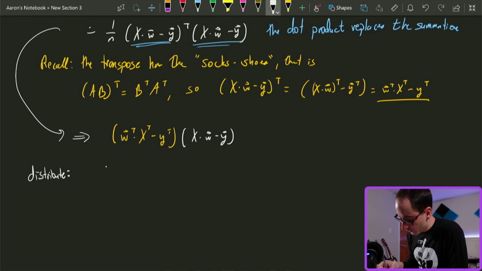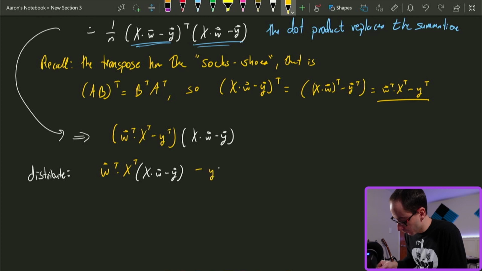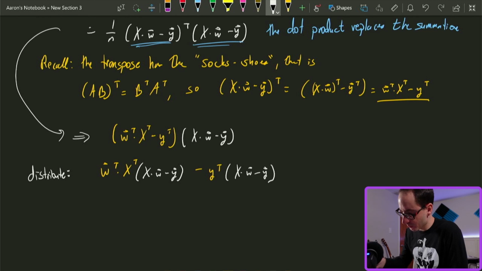So I'm going to take the W transpose times X transpose, and then multiply that into X dot W minus Y. And then we're going to have minus Y transpose times X dot W minus Y. Okay.